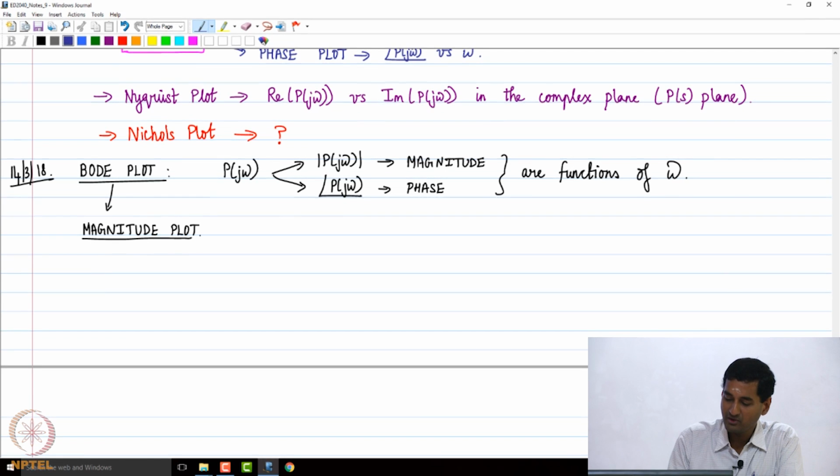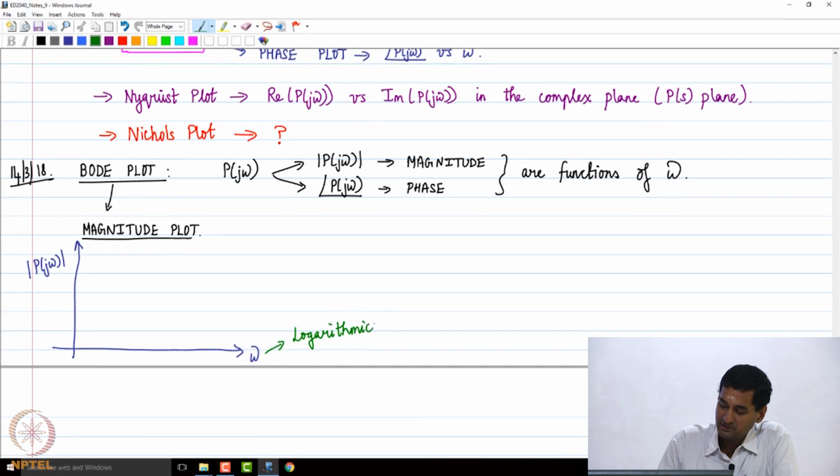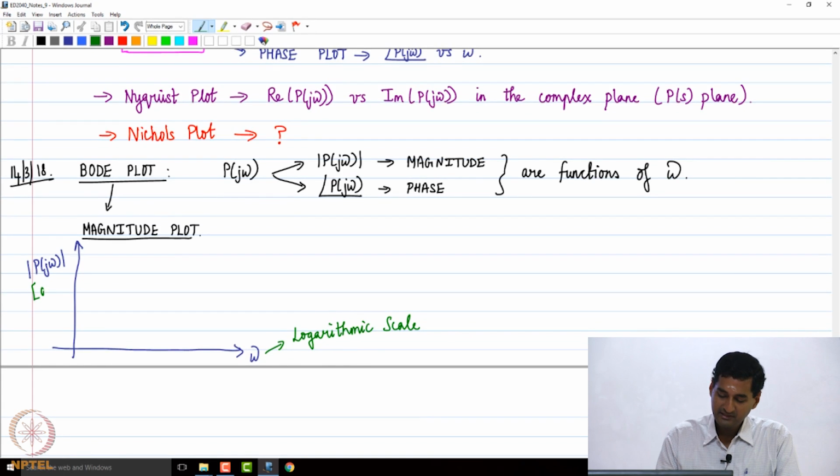In the magnitude plot, we plot omega on the abscissa and the magnitude of P of j omega on the ordinate. But the important thing to note is that we use a logarithmic scale for omega on the abscissa, or the horizontal axis, and P of j omega is plotted in decibel measure.